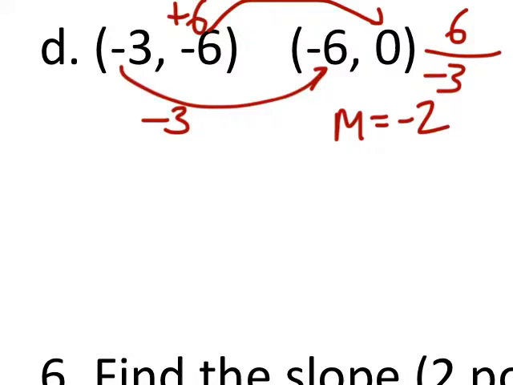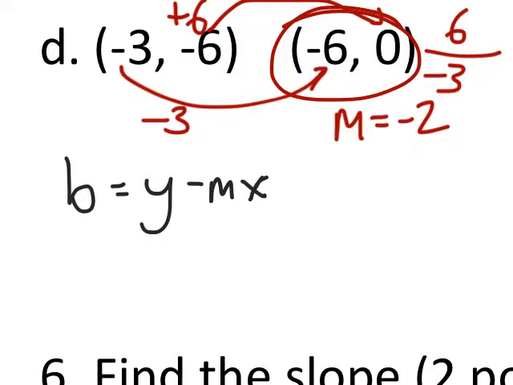Alright, you get to choose the way you do it. I prefer to use this formula: the y-intercept, I guess I should put a b, equals the y minus the slope times the x value. It allows us to choose one of these two points. One of them is 0 on this one. So I'm going to use (-6, 0). So my y here is going to be 0.